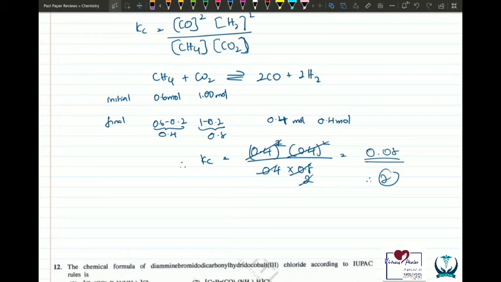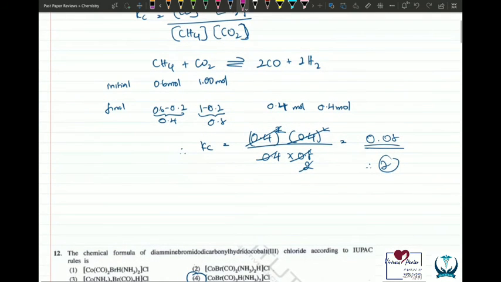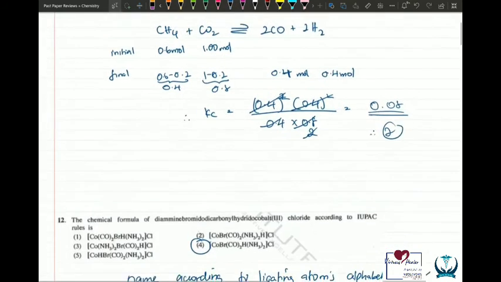So we have 0.6 minus 0.2 for methane and 1 minus 0.2 for carbon dioxide, giving 0.4 and 0.8. So for Kc, if we substitute the values, it will be 0.4 squared into 0.4 squared divided by 0.4 into 0.8. Simplifying this will give us 0.08, therefore the answer is 2.